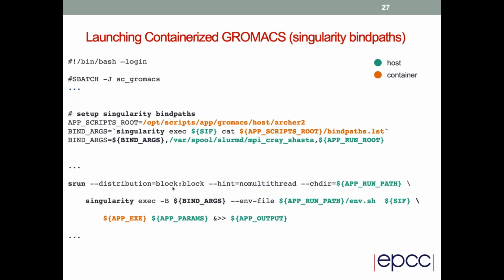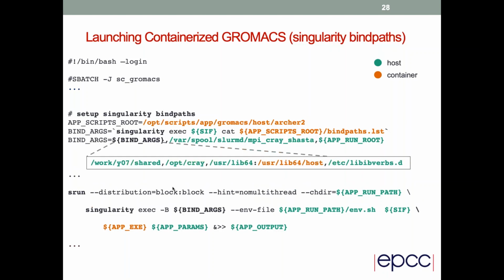And then when I've got that and I've basically assigned it to an environment variable inside the script, bind_args, I then append to that to allow some paths that are kind of dynamic and that I'll only know at runtime. So this is obviously the path to the input data.